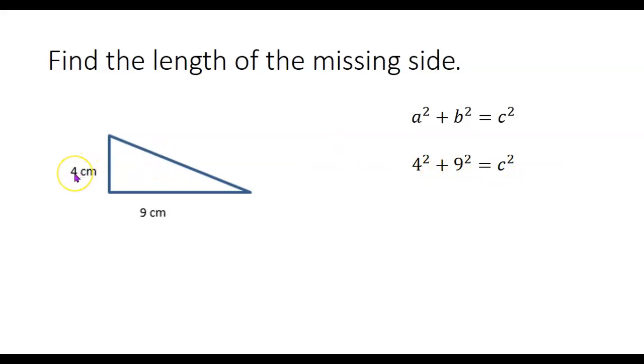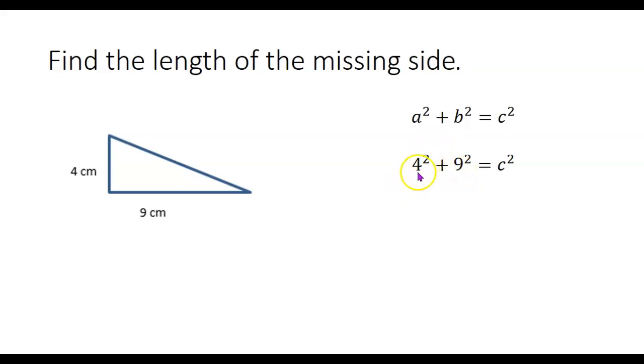By the way, it doesn't matter which one of these we call A and which one we call B, but it does matter which one we call C. C is always the hypotenuse, which is always the longest of the three sides, the side across from the right angle. And here, that's the one that we don't know. We do know the A and the B, 4 and 9, so we put in those numbers, and those numbers are getting squared.